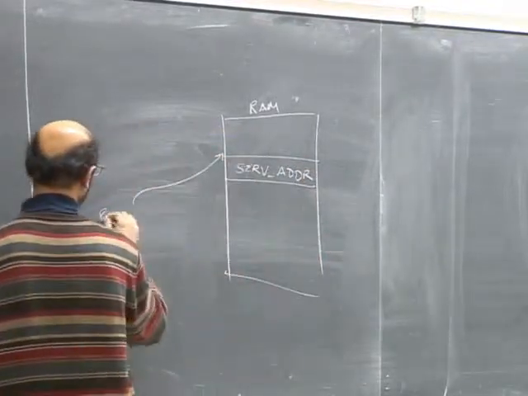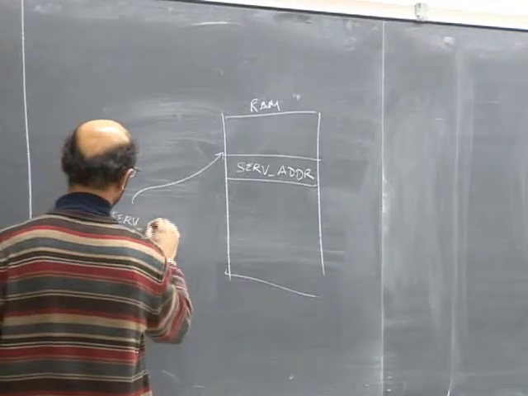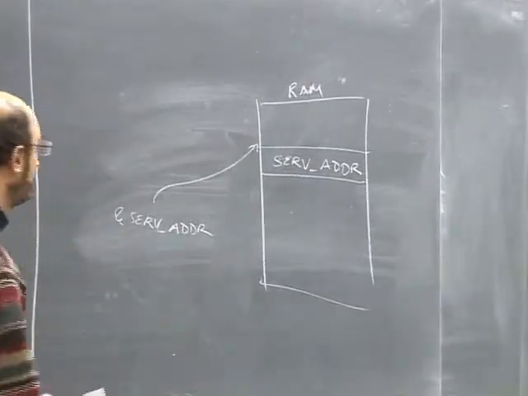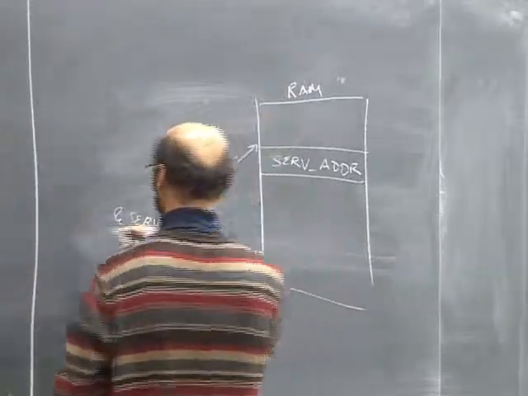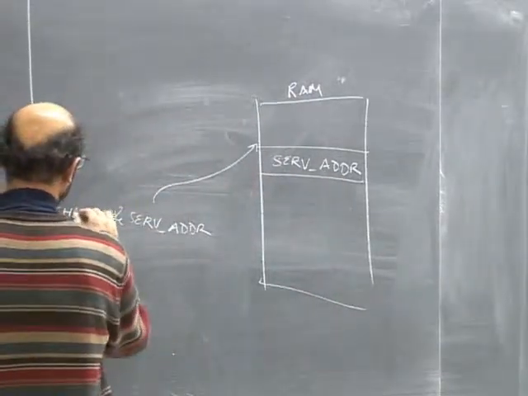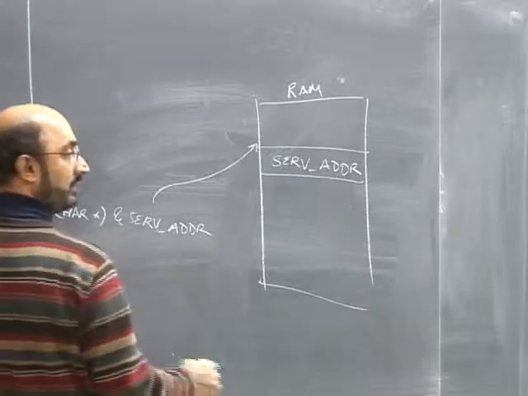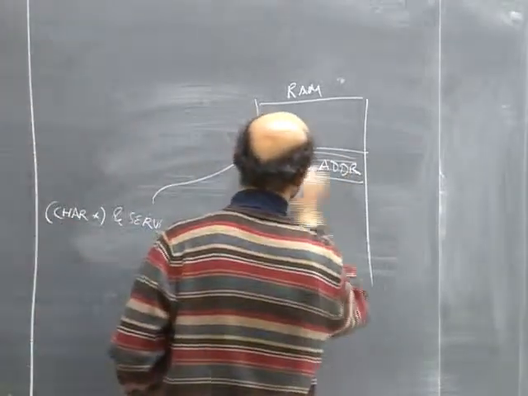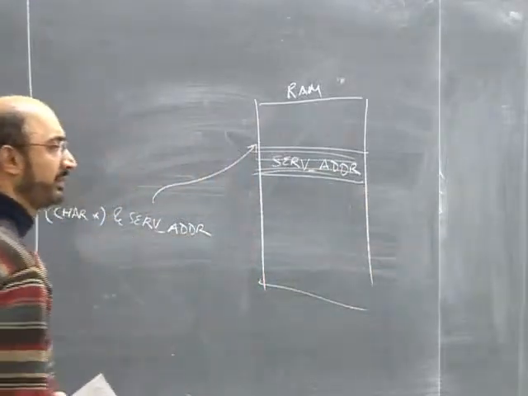The ampersand server address is a pointer to that, and we're saying treat it like a character pointer, pretend as if it's a character, and then zero it out with bzero. That's what we're saying over here.